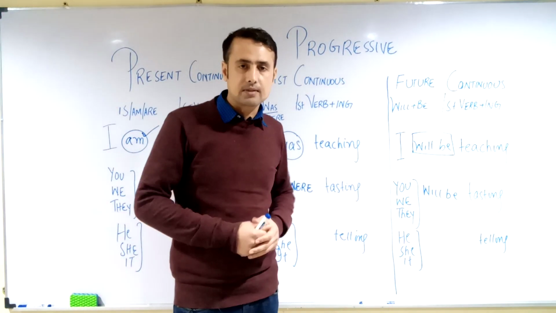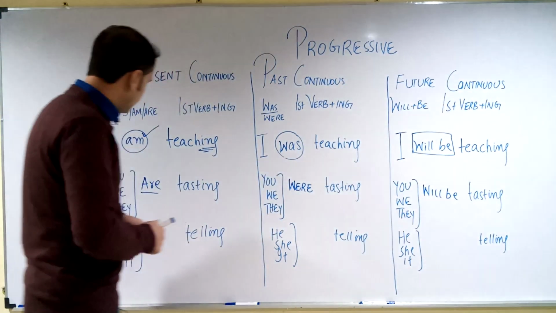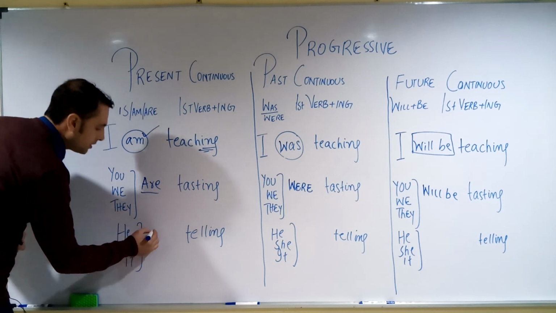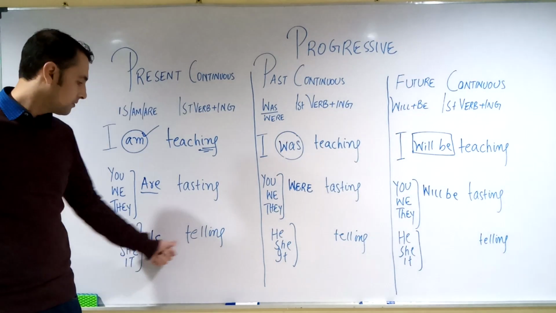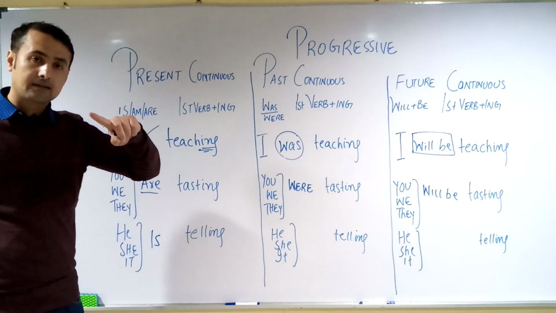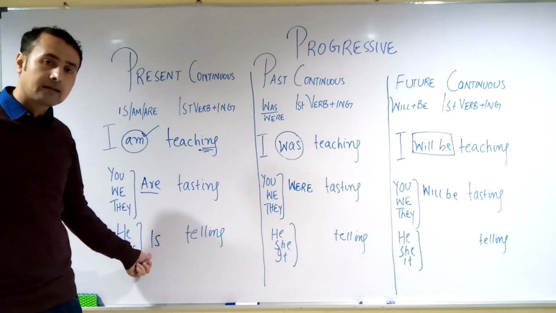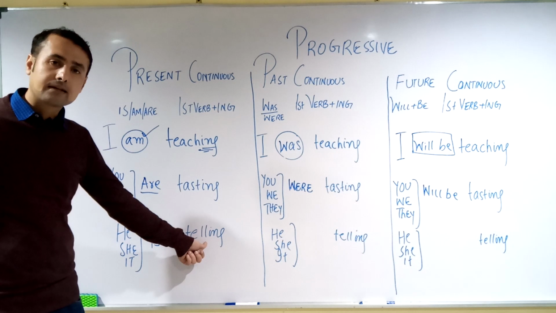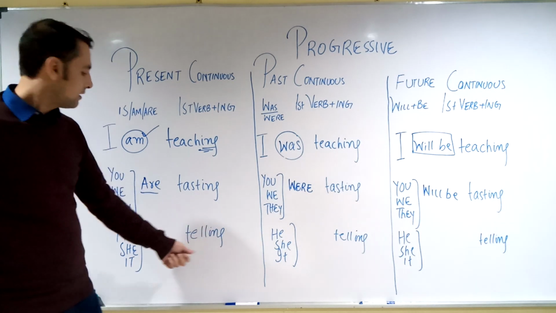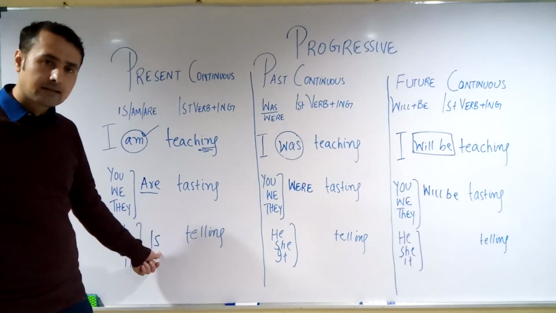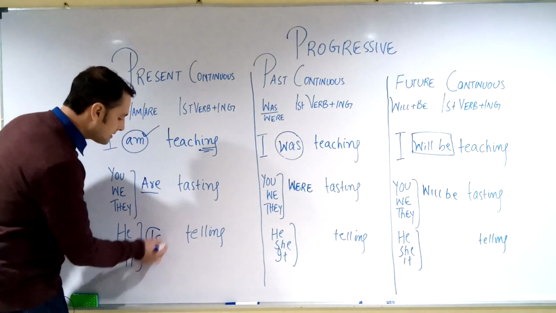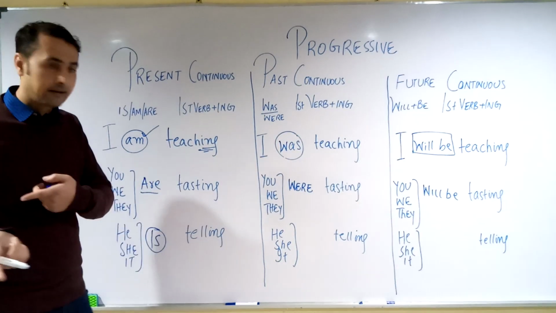future continuous tense. If we look at he, she, it, third person singular, he is telling, वो बता रहा है. अब वो क्या बता रहे हैं? He is telling a story. She is telling, it is telling. अब is telling वो बता रहा है.